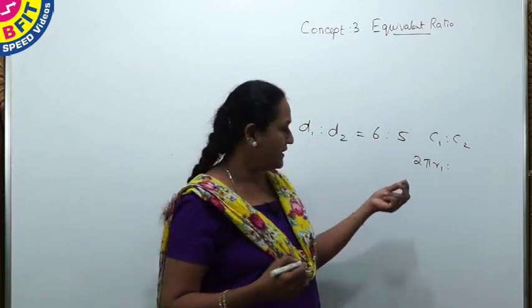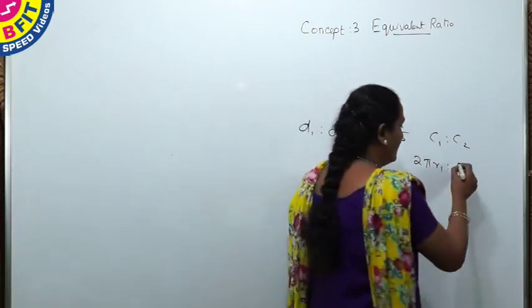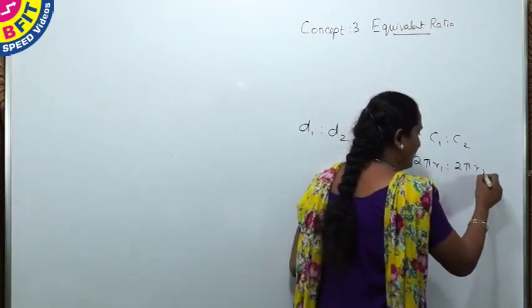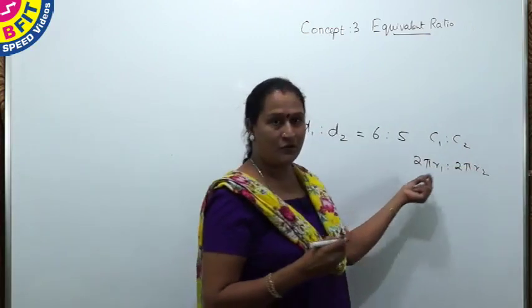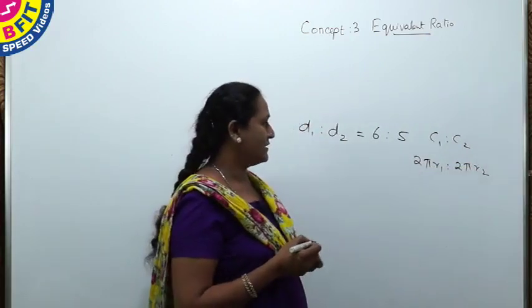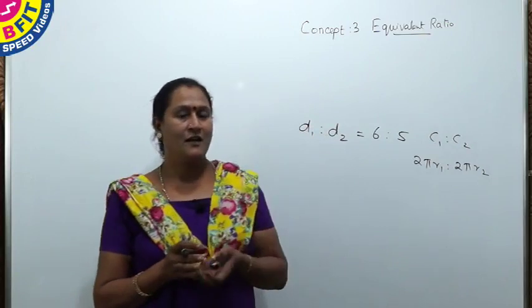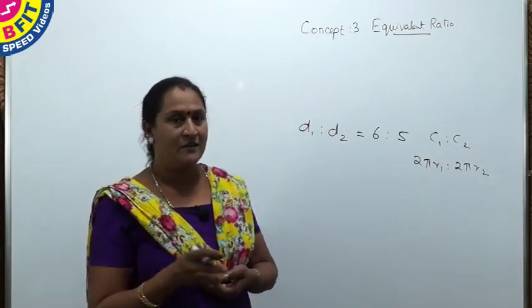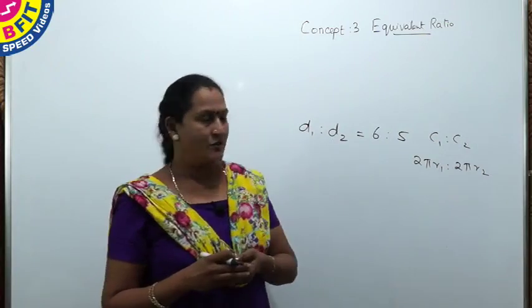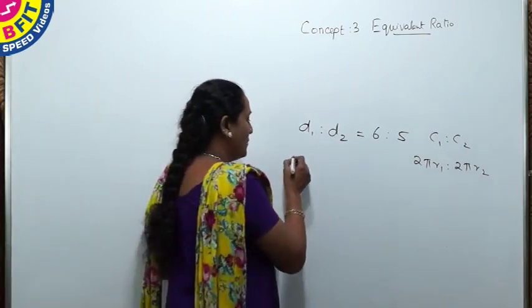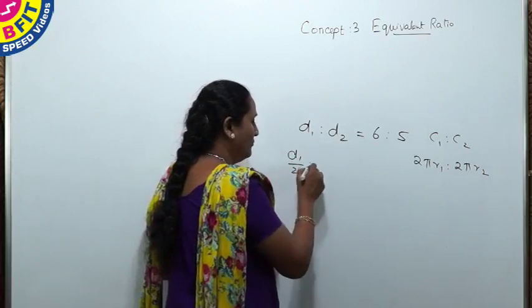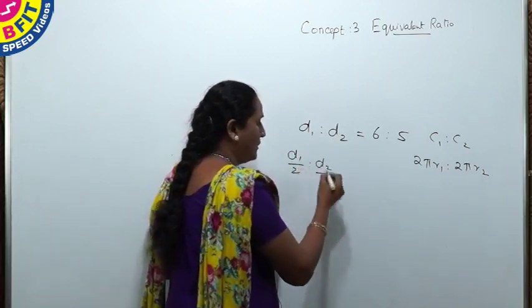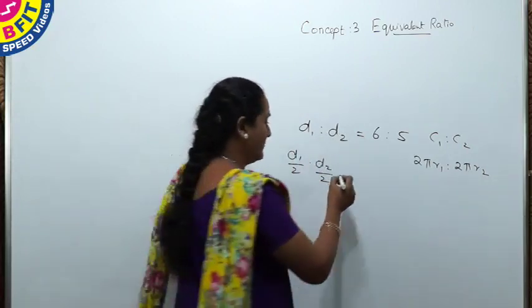So we are differentiating as 2 pi r1 and 2 pi r2. So when you check here, you need the radius, but diameter is given. Say for a circle diameter is 10, what will be the radius? It will be half, 5. So the same way, diameter ratio is given, so divide this throughout by 2 to get the ratio of radius.